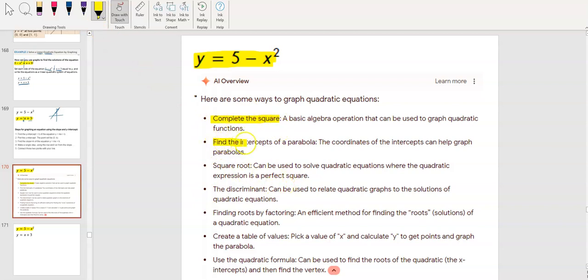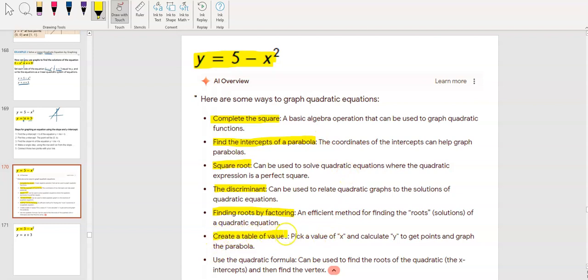Okay, another way might be to find the intercepts of the parabola. Another way might be to use the square root if it's a perfect square and factor. Another way might be to use the discriminant and figure out how many solutions you have. Another way might be finding the roots by factoring, even if it's not a perfect square.